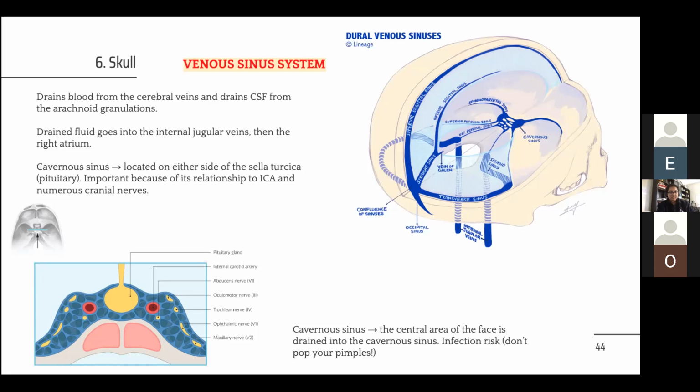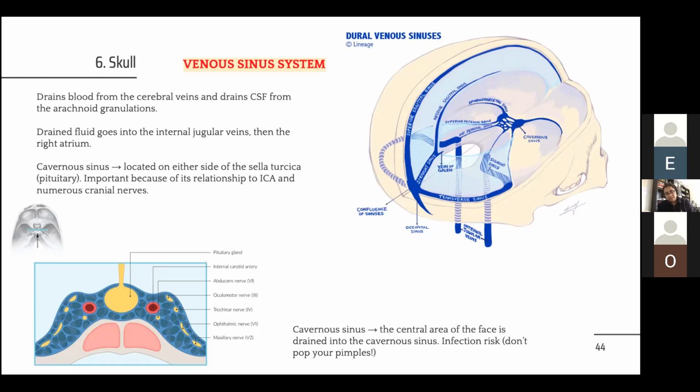It might be worth it to know the names of the main sinuses. In particular, the cavernous sinus is really important. So you can see the cavernous sinus in this diagram as well as the one down here. Within the cavernous sinus, you've got lots of really important stuff, essentially. So you've got your pituitary gland, the internal carotid arteries, as well as a bunch of cranial nerves.